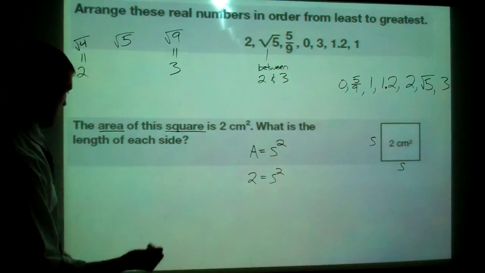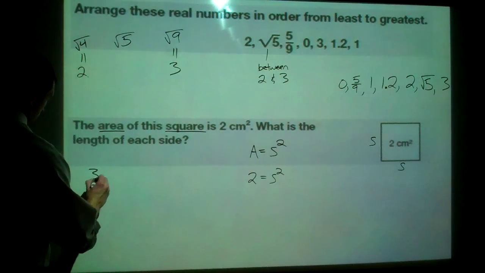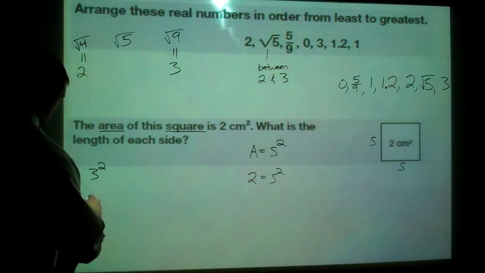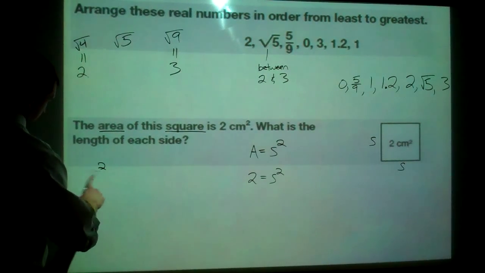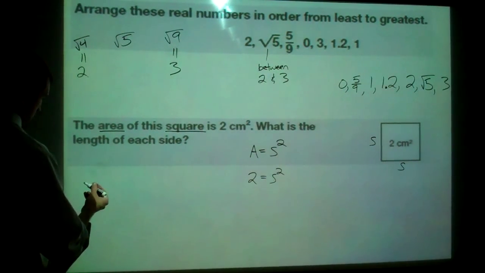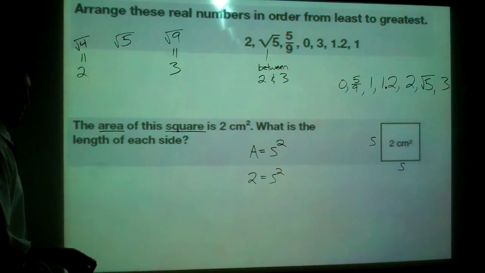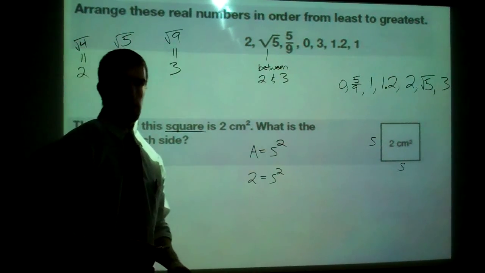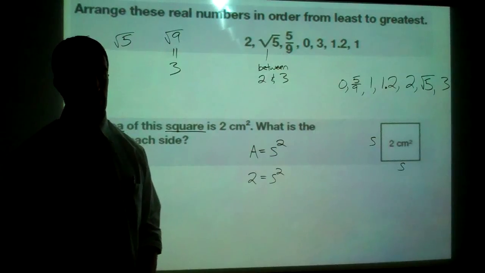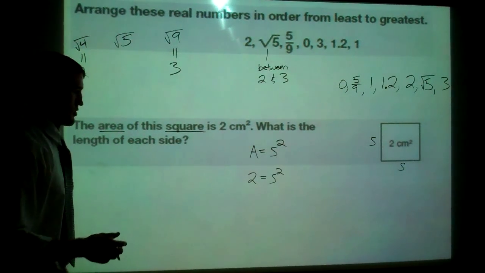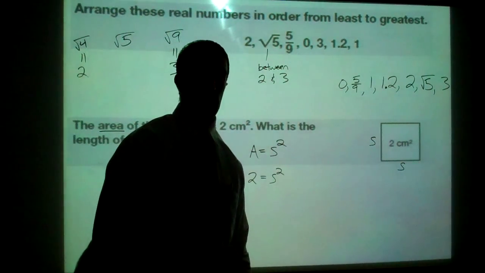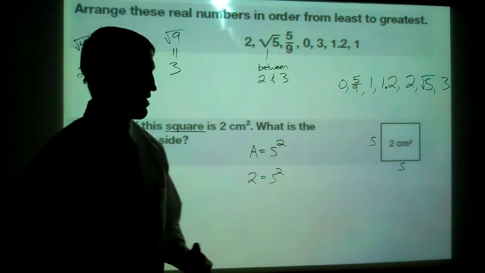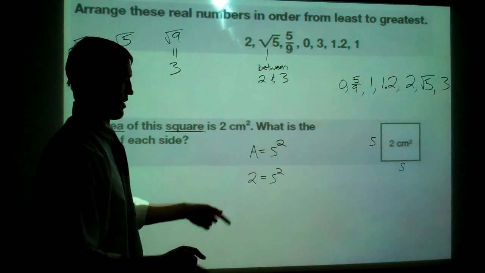So that would be, let's say we had 3 squared. Well, basically taking the square root is how you would solve for something being squared, and vice versa. So if you're solving for something inside of a square root, you would square it to get your answer. Here's a little different, and I'll show you an example.